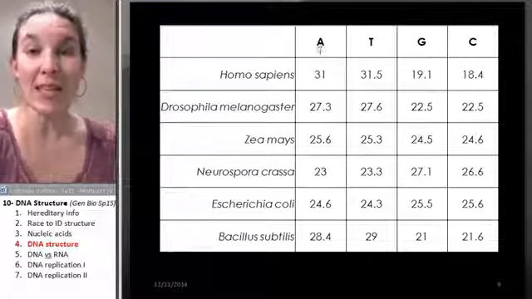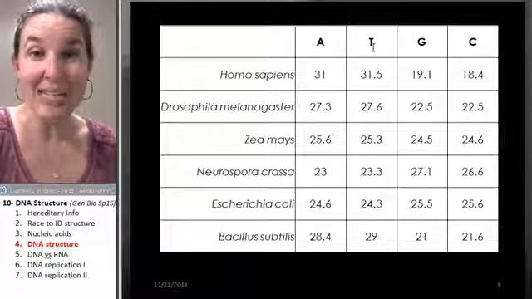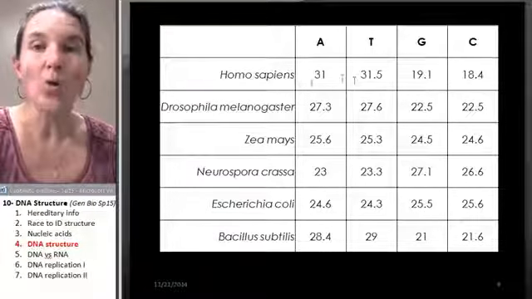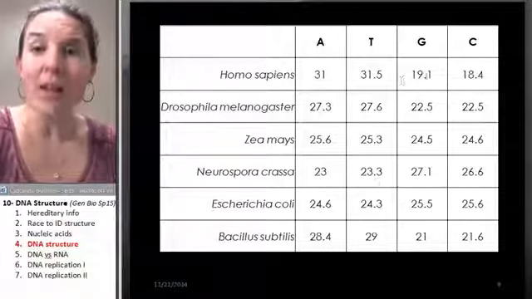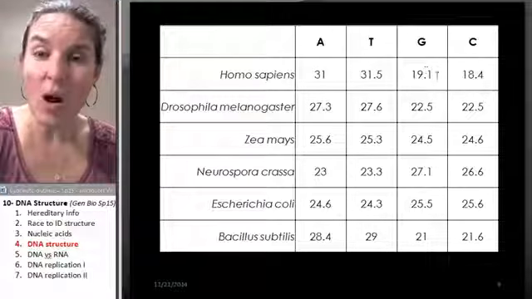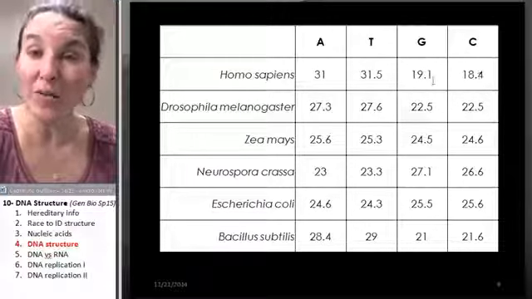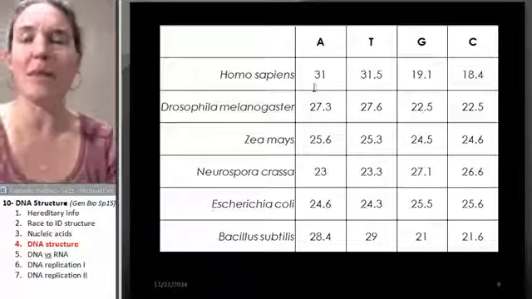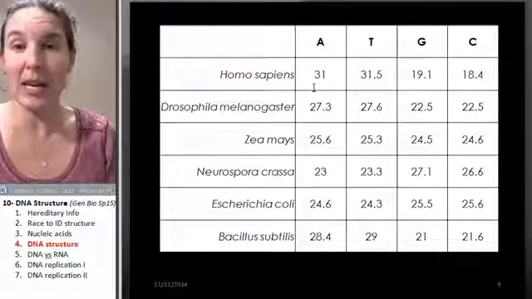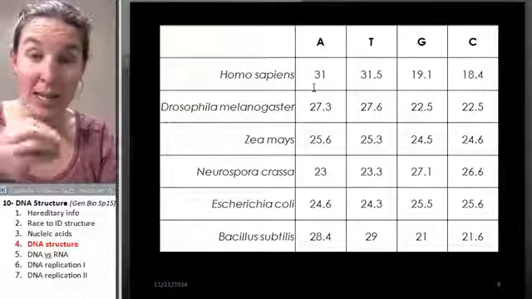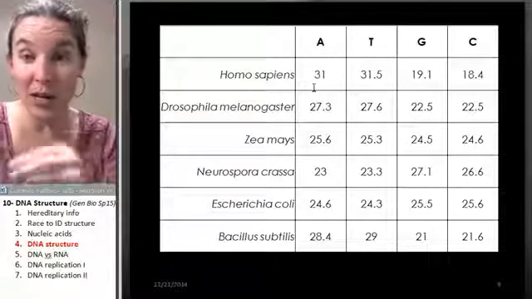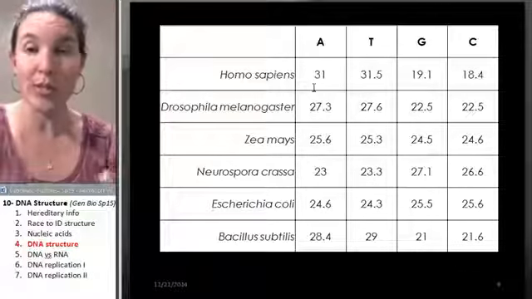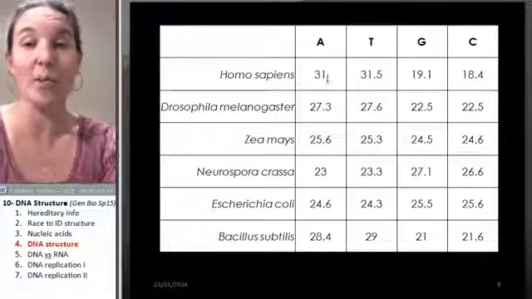He noticed that the number of A's and T's, adenines and thymines, in a critter were roughly equal, while the number of guanines and cytosines were also roughly equal. And these are percentages, so they basically blenderized human DNA and then counted how many adenines, thymines, guanines, and cytosines out of all of it, what percentage were each individual base.